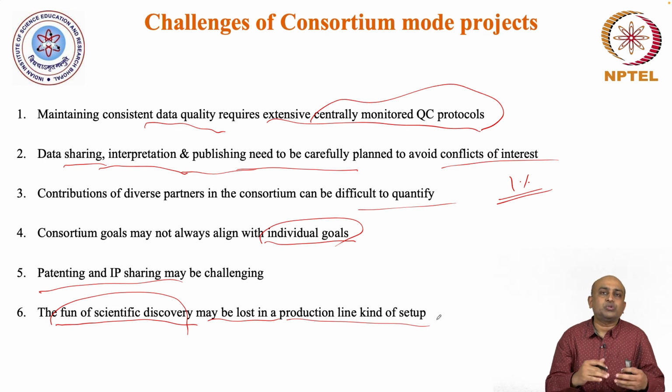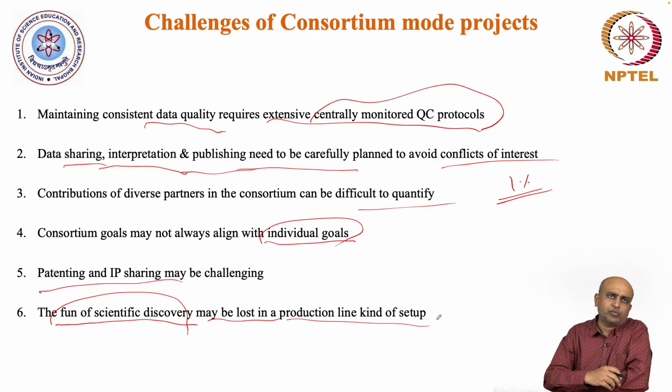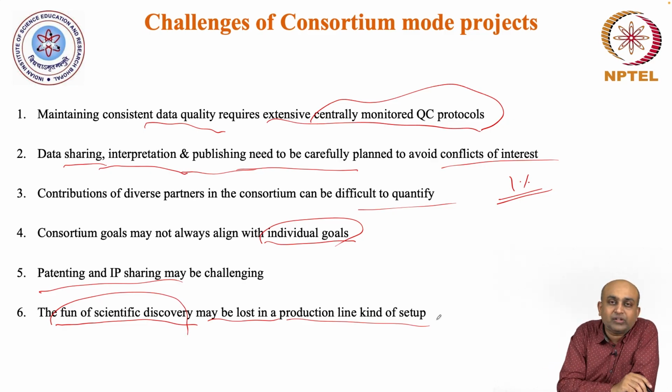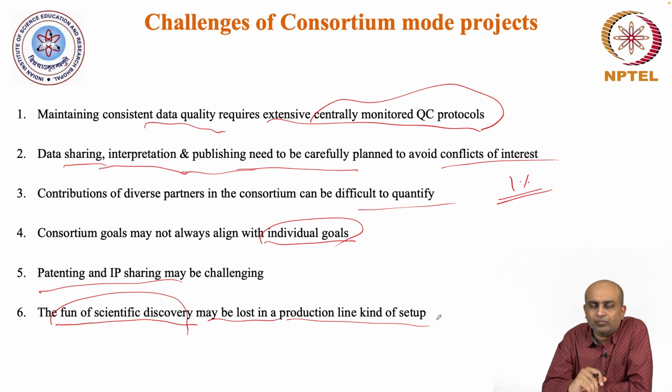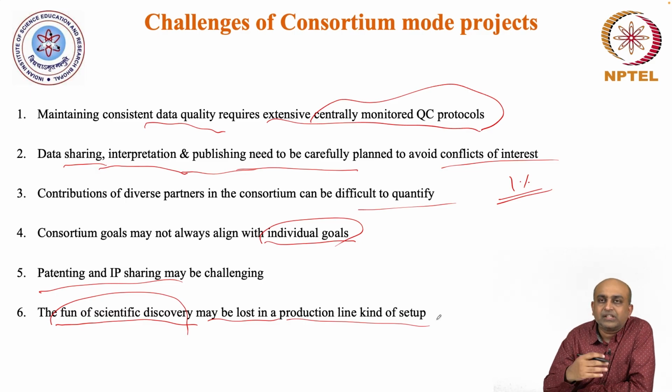Then of course you will end up doing some scientific discovery, you will end up finding some new things, but the fun of making scientific discovery may not be the same when you work in a consortium versus when you're doing it individually. So of course this can be very different in a philosophical sense compared to your non-consortium projects.